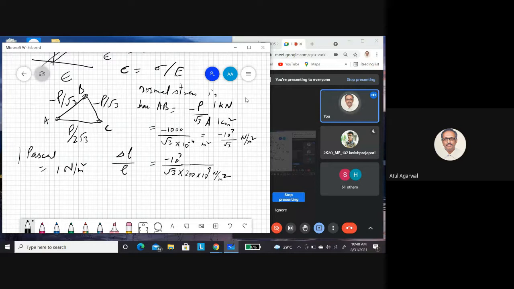So you get the change in length of bar AB. Similarly, change in length of bar BC will be the same amount because stresses are same.